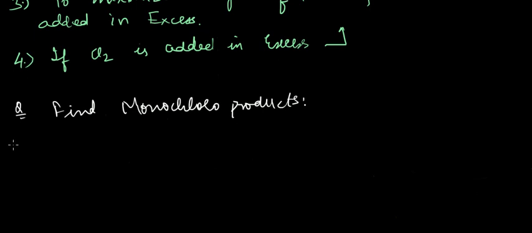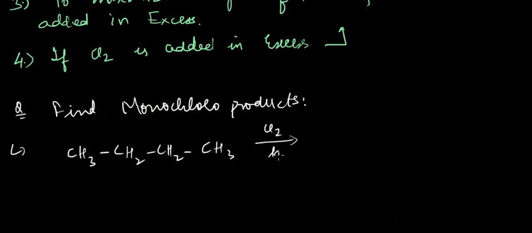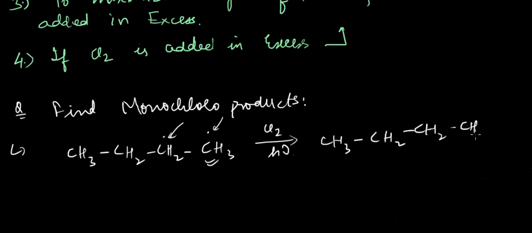Okay, so let's start. First example we have of this. We pass it in Cl2, hν. So what products can we get? Monochloro, we can have a free radical here or we can have a free radical here. So if I have a free radical here, we'll get something like this compound, and if we get free radical here, we get something like CHCl and CH3.